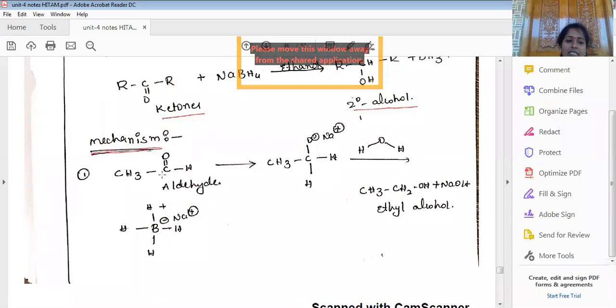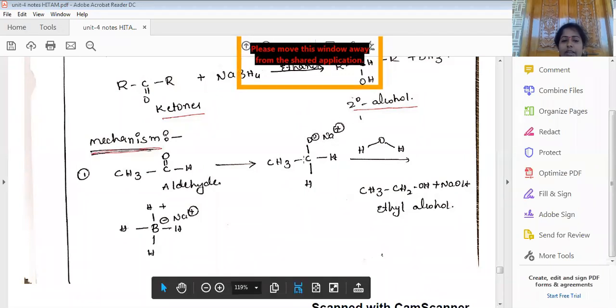The carbonyl carbon accepts this H minus ion, so that it is converted into O minus. So here CH3CH2O minus is generated. That oxide O minus charge is neutralized by Na plus, which is the counter ion in the sodium borohydride. O minus Na plus is generated.